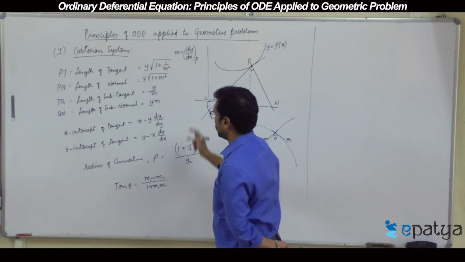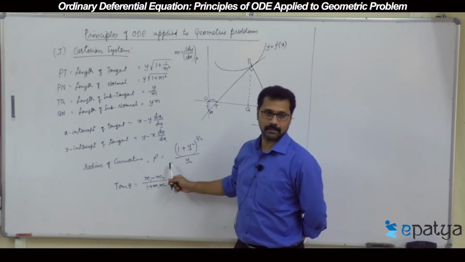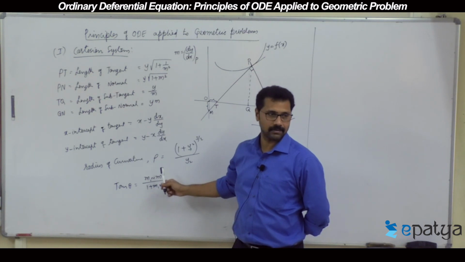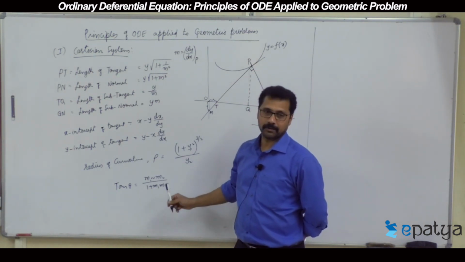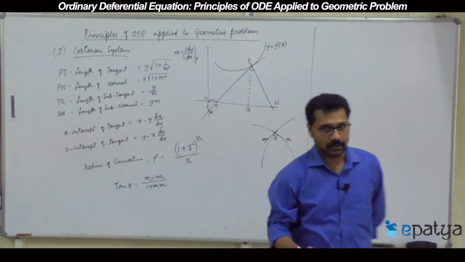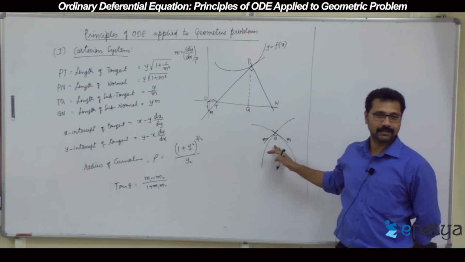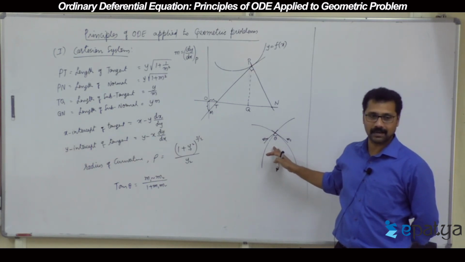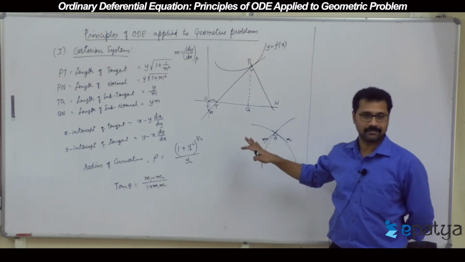Okay, and this and this are extremely important ones. We keep using them. I said already that we are going to use this later on also. And this is something which is very important, because sometimes that angle theta might be 90 degrees. When the angle theta is 90 degrees, it means that you are talking about an orthogonal curve.